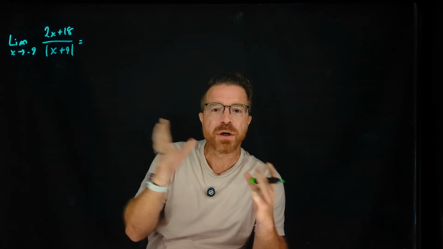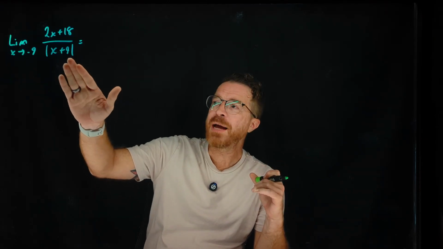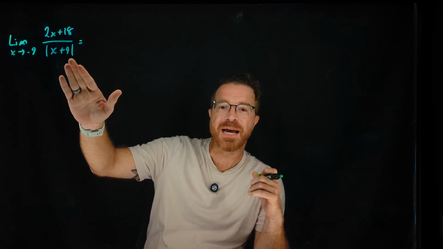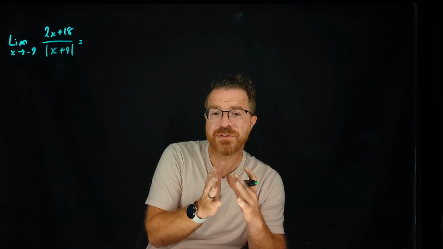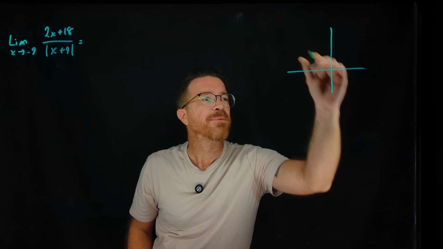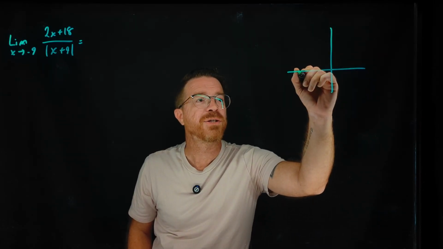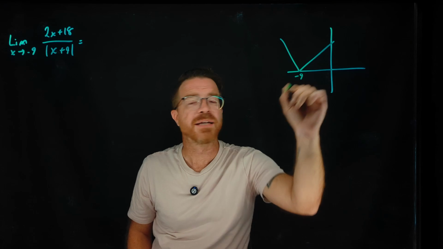So again, we're going to have to look at breaking this into a piecewise function. If you remember, what happens with our function by having that plus 9 in it is it's taking every value we have and shifting it to the left by 9. So instead of having our absolute value around the origin, it's the same thing, but around the point negative 9.